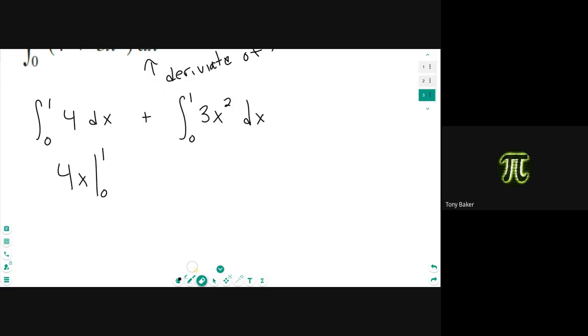What that 0 to 1 means is I'm going to plug in 1 and 0, and I'm going to subtract the two values. So we plug in those values for all the x's. So this becomes 4.